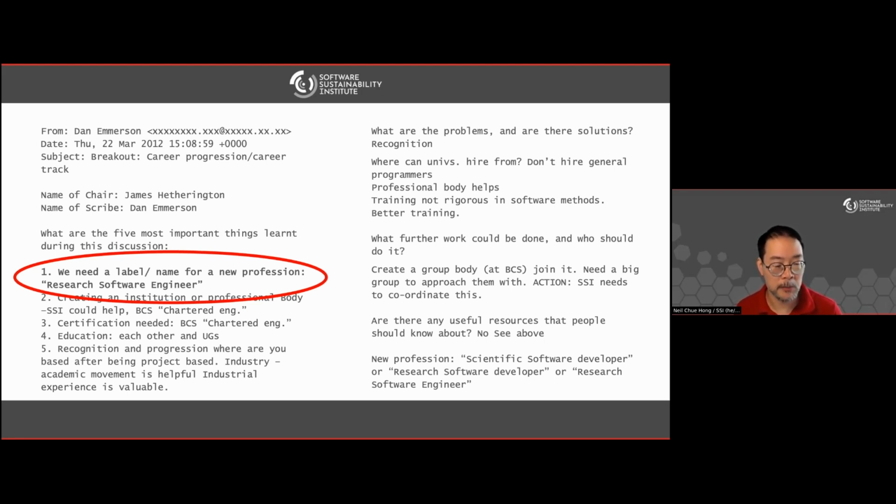We started bringing people together in the UK as parts of workshops and events to start discussing how they were being employed, what the difficulties were in their different career progression and career paths, and starting to understand the levers that we could push towards the different funding mechanisms and policy mechanisms that could help us do things to help promote research software engineering.